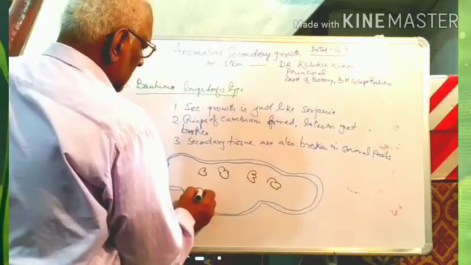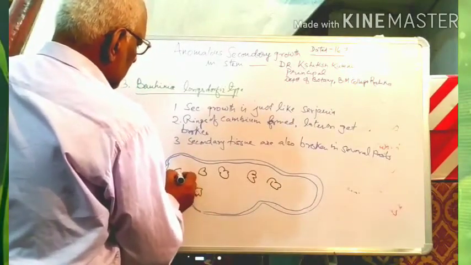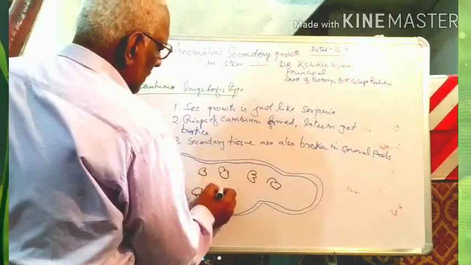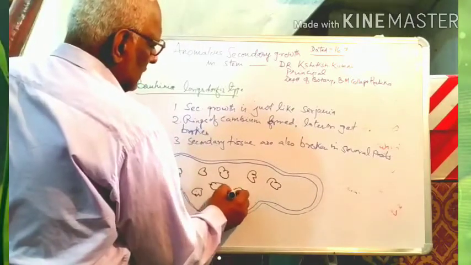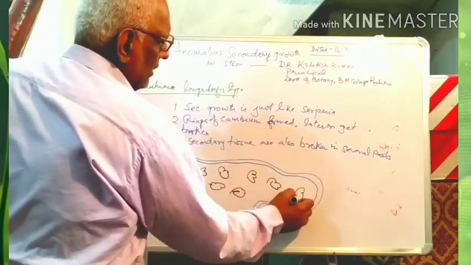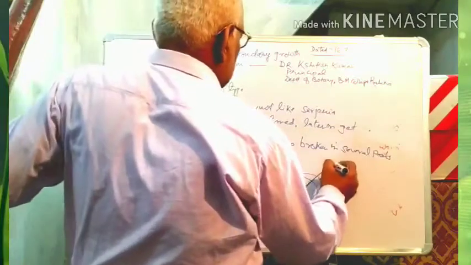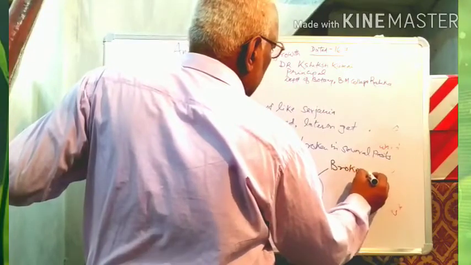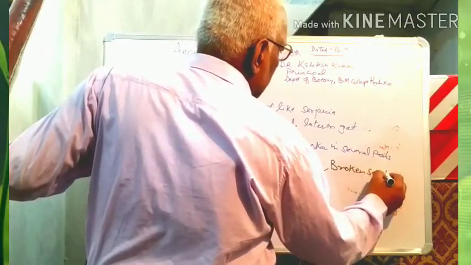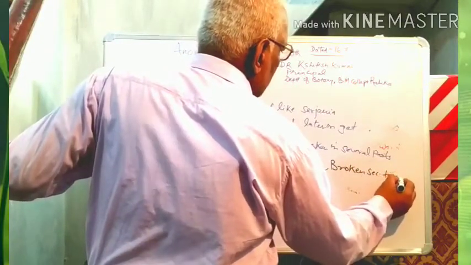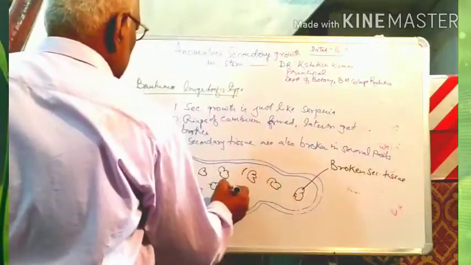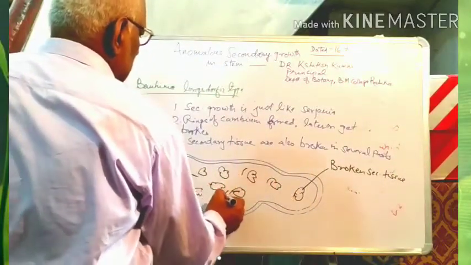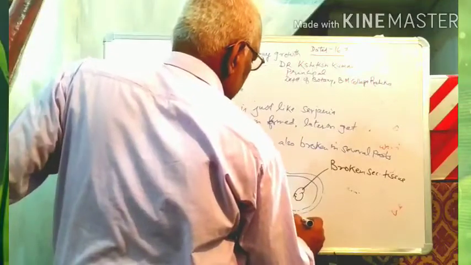Here the cambium tissues are broken, and the secondary tissues are also broken. So this is the broken secondary tissue, and these are the broken cambium.